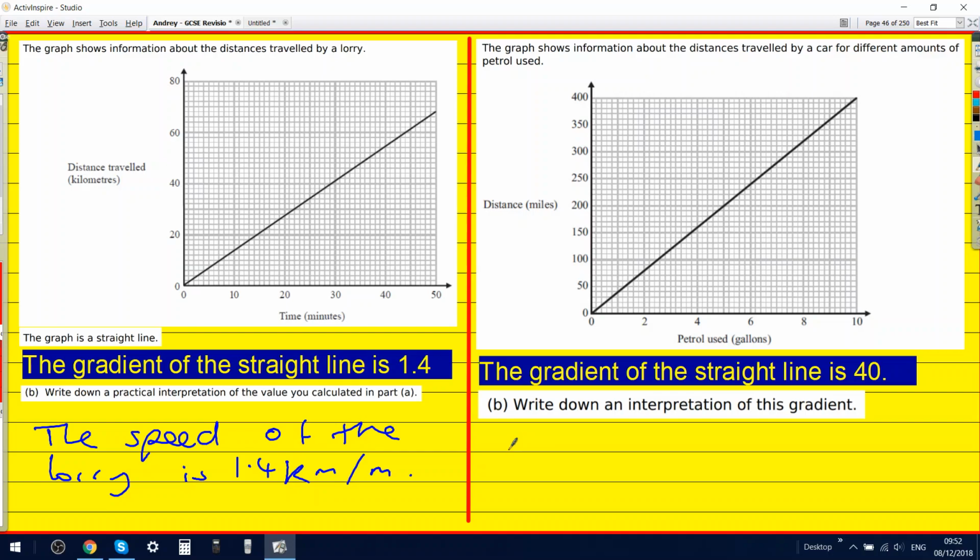Oh, used up. Sorry. Right. So the car uses how much petrol? Like 10 gallons of petrol at 400 miles.